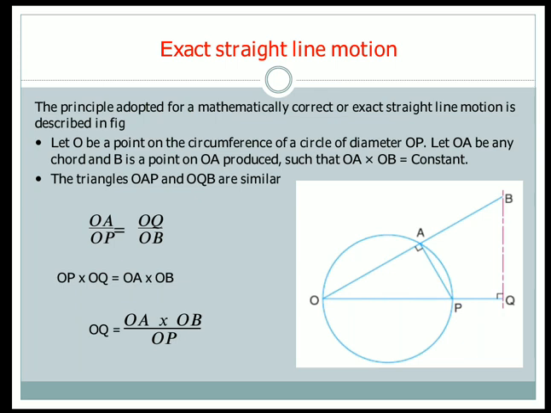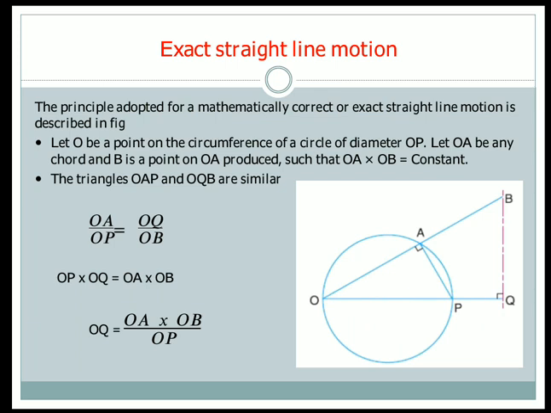OP is the diameter, and O is one point on the circumference of the circle. Let OA be any chord, and B is the point on OA produced, such that OA into OB is equal to constant. If we multiply the product of OA and OB, it will be constant. That is what we are going to prove now.